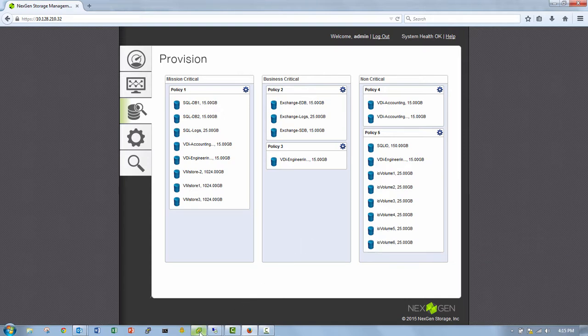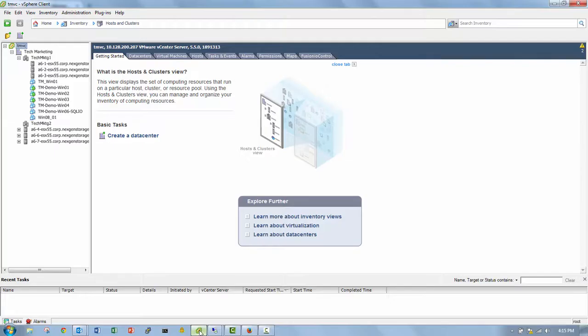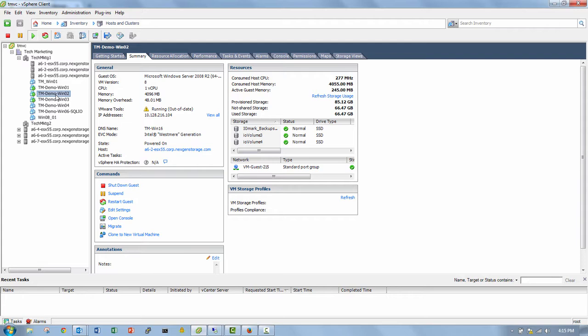In the vCenter client, you see that I have 2 VMs that are attached to the data store volumes. TM Demo Win 02 is attached to the data store on IO volume 4, and TM Demo Win 03 is attached to the data store on IO volume 5. Let's look at the Windows VMs.